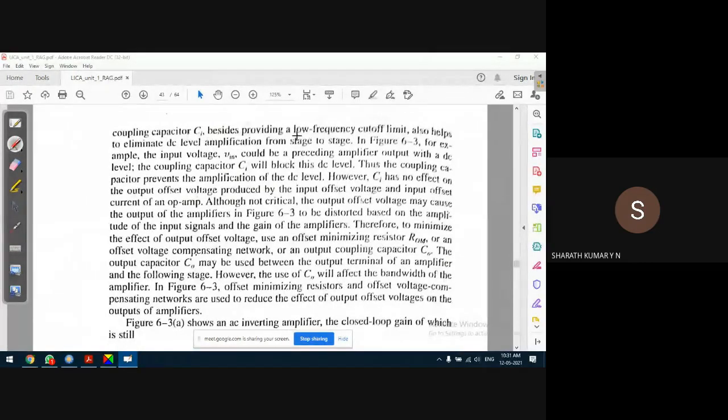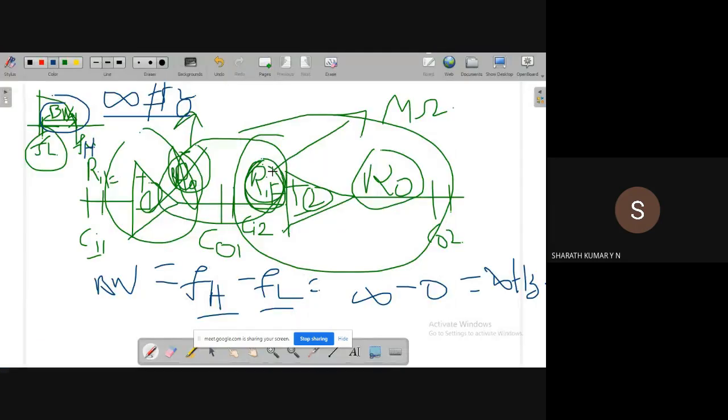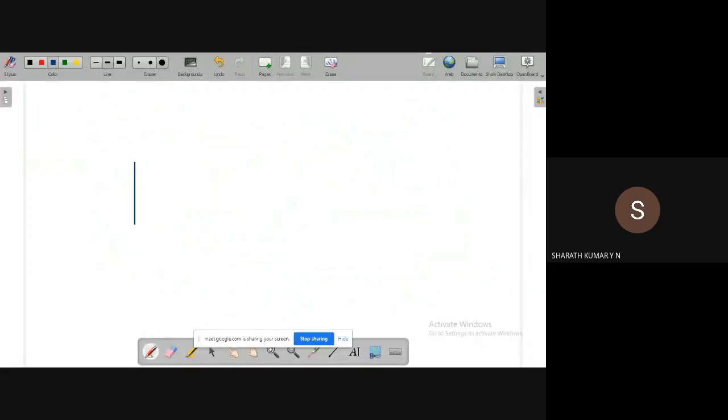The coupling capacitor not only provides the lower cutoff frequency limit, it also helps eliminate DC level amplification from stage to stage. Let us say there are no DC coupling capacitors. In this case, each one of them is an amplifier, and we know that an amplifier has a very large gain.